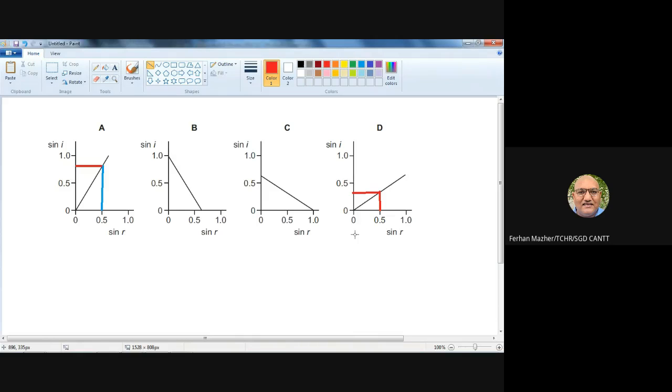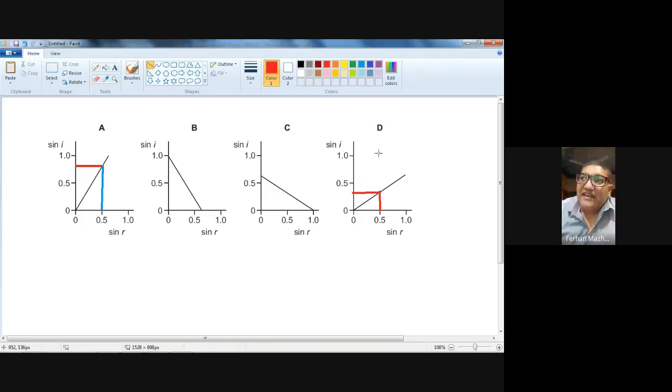So when I take the rise divided by run, that gives me sine i divided by sine r, and so the value of the slope is equal to the refractive index. So A is the right option because this slope is more than 1 and this slope is positive.